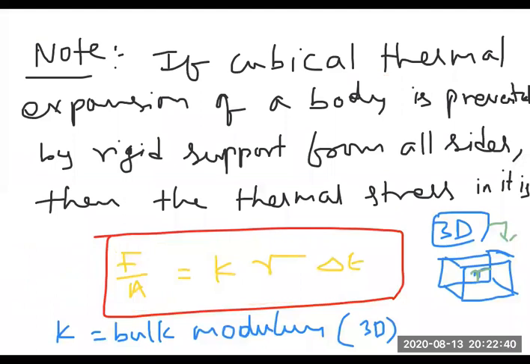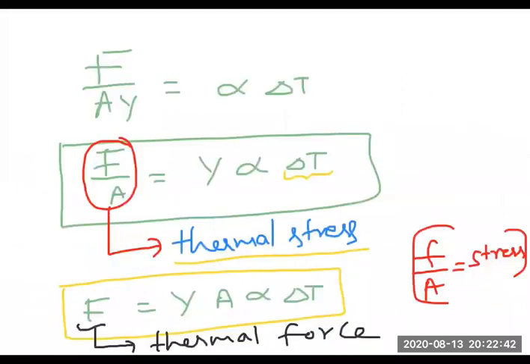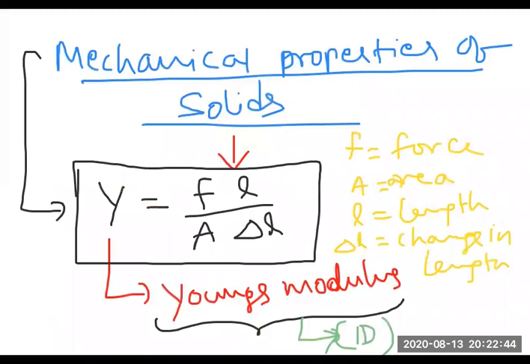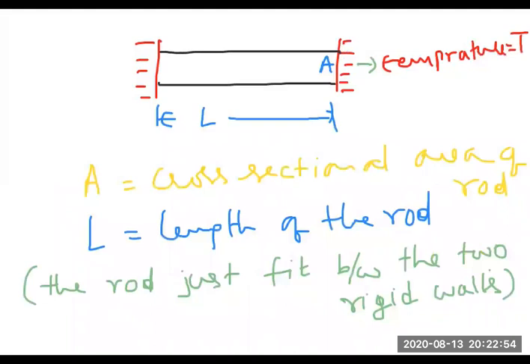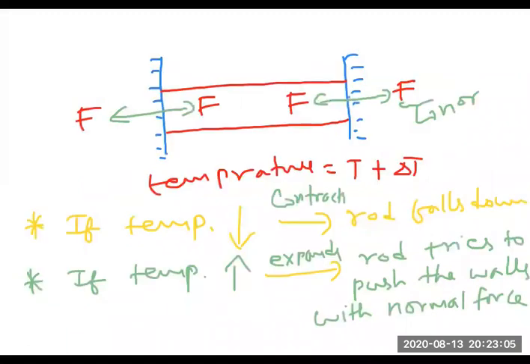Let us review what we discussed from the start. First, we said this thermal stress concept is related to mechanical properties of solids, and I told the Young's modulus concept, which is related to length, linear. I took a rod and placed it between two rigid walls, then made it expand.